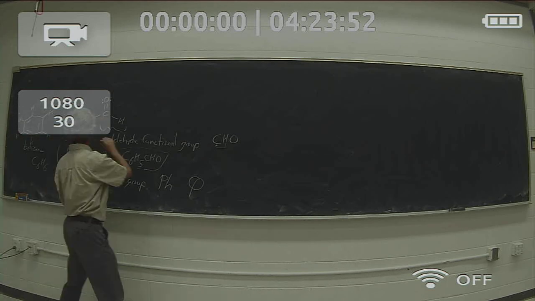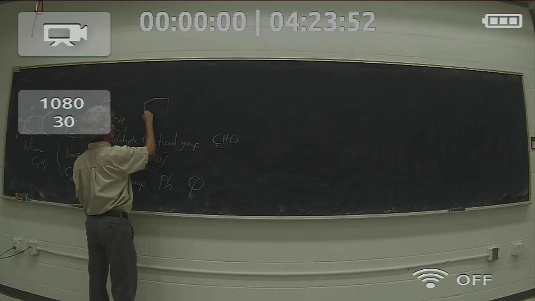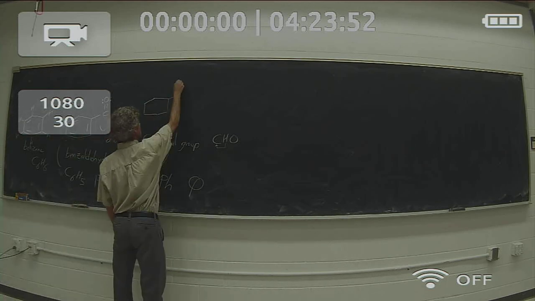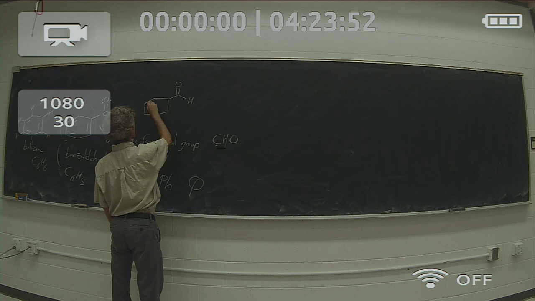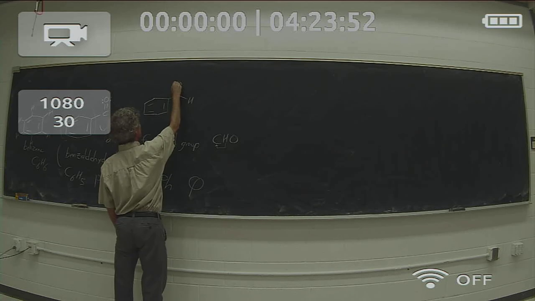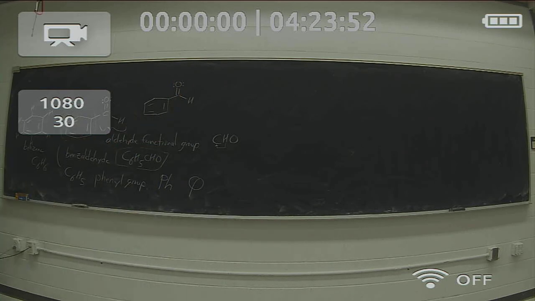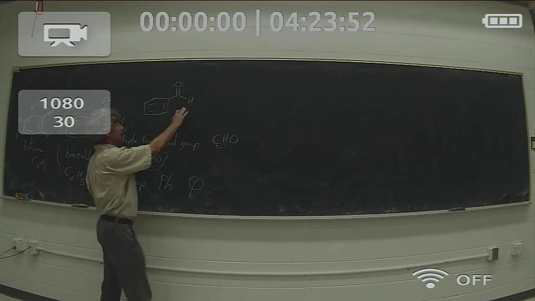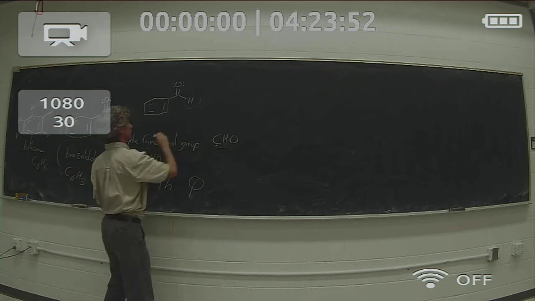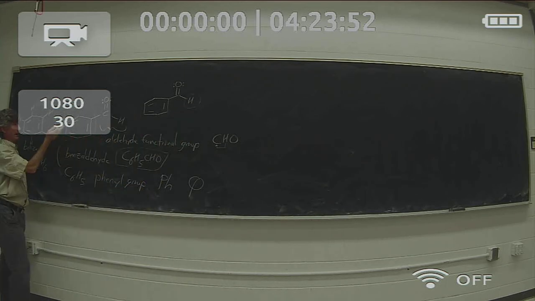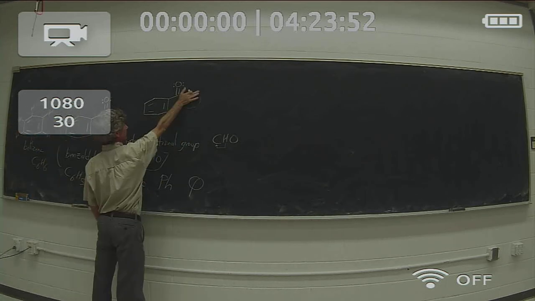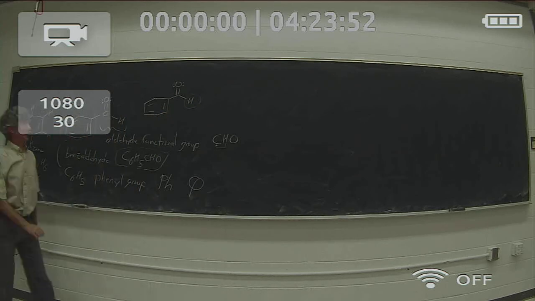And it can be written in bond line form like this. I don't actually even need to show the carbon. It would be appropriate to leave that carbon off. Four bonds emanate from it, two to oxygen and one each to the others. When you're writing an aldehyde, it is conventional to draw the hydrogen of the aldehyde rather than leaving it as just a kind of terminal angle like that.